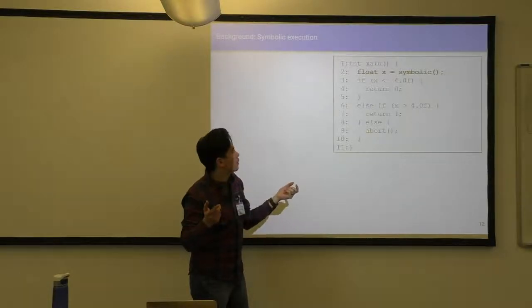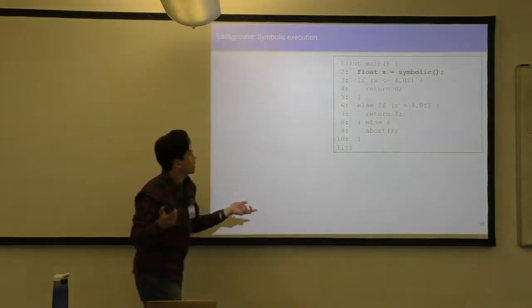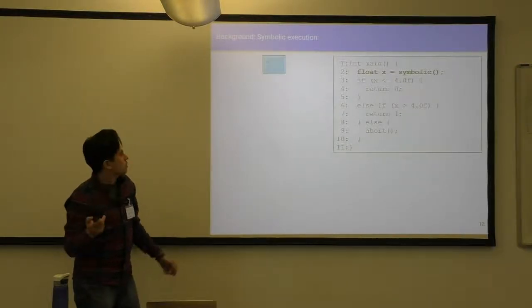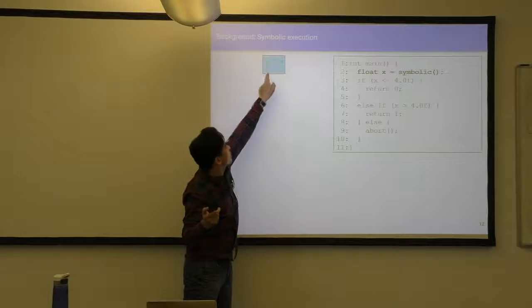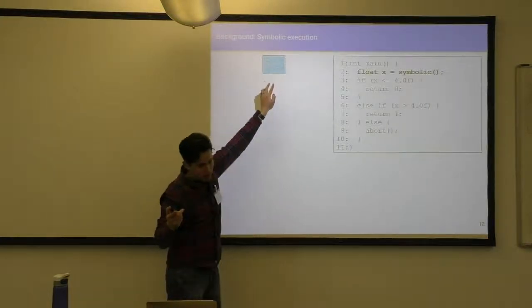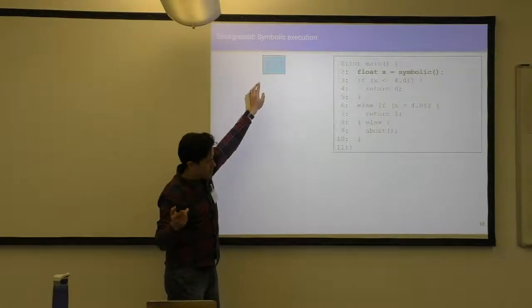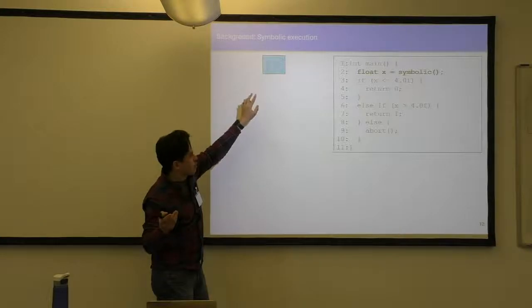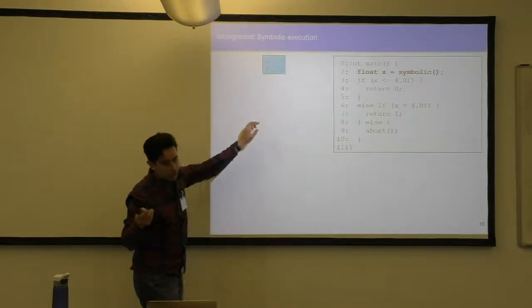It's not a value that we actually know. So let's see what it looks like to try and execute the program this way. You start off with the program in this state. So x, we don't know what it is. And inside these brackets are the set of current constraints. It's empty at the moment, but you'll see what the constraints become as we execute further.